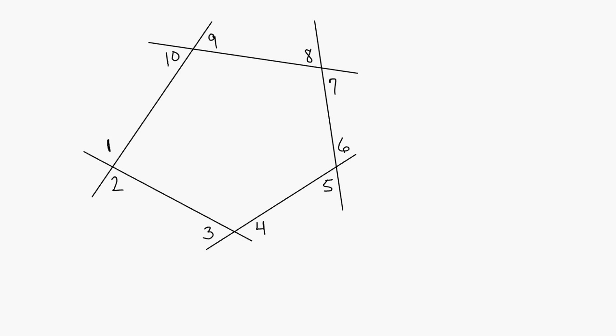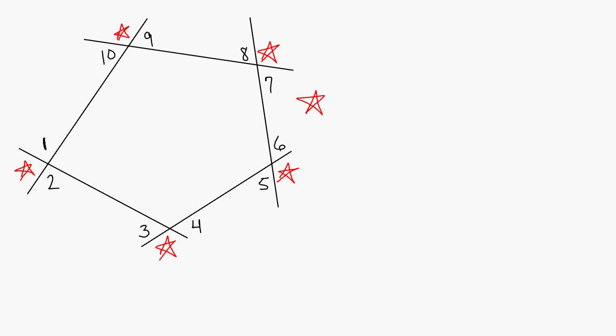The angles with a little star, these 5 angles, okay, make sure that you understand why those 5 angles are not exterior angles. They're not formed by the extension of a side and its adjacent side.